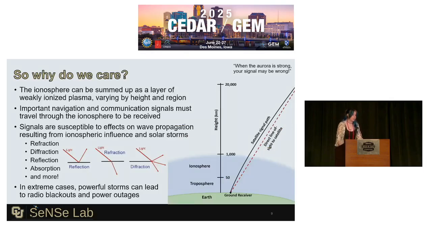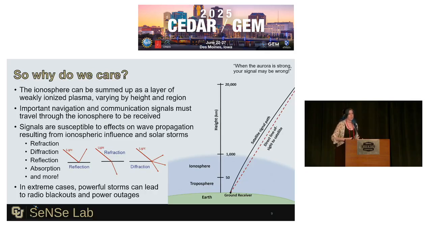So why do we care about the ionosphere? We've heard some pretty good summaries already, but I saw this little quote that I liked: when the aurora is strong, your signal may be wrong. The ionosphere being a layer of ionized plasma, almost all satellite signals from GNSS satellites must travel through it.